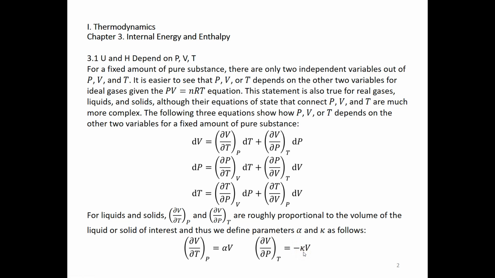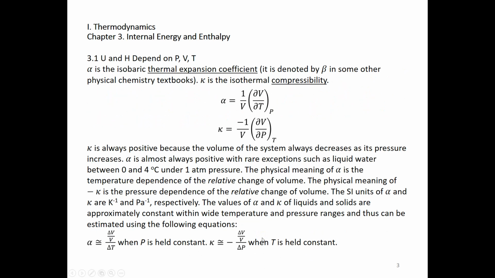That's just for convenience. If you want to tabulate the values of kappa for 200 different substances, it's too tedious to write this negative sign in front of every single value. Now kappa is always positive by having this definition instead.